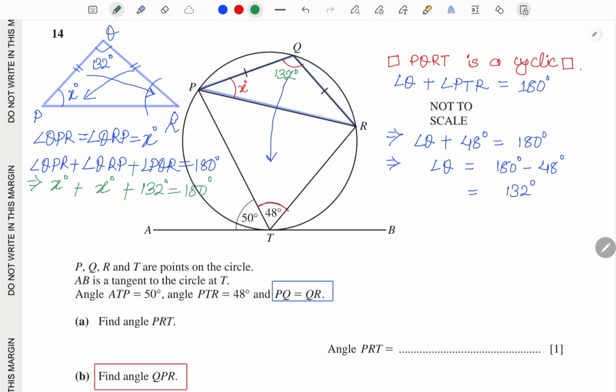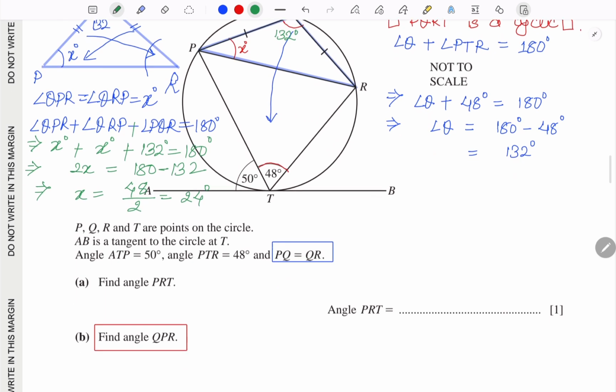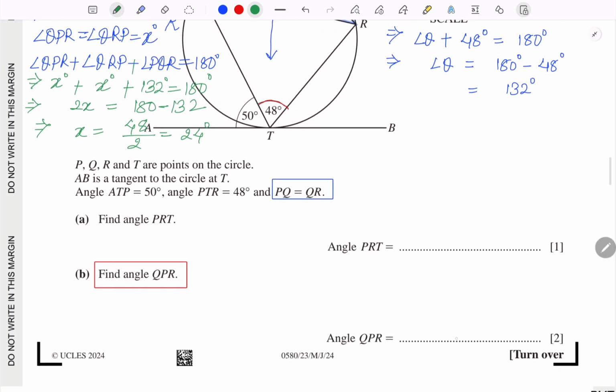If I solve, it will be 2x equals 180 minus 132. From here, x will be equal to 48 divided by 2, which gives 24 degrees. So the value of angle QPR is 24 degrees, and that is the answer for this question.